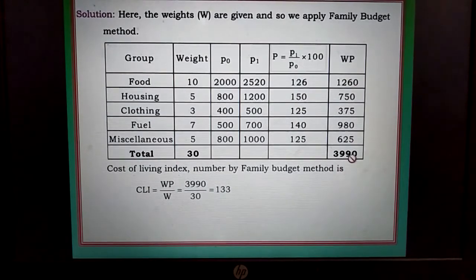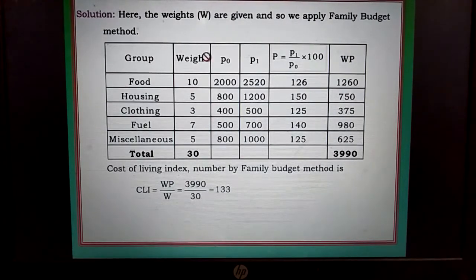This is sum over WP, 3990. That's why take in numerator. Denominator, sum of W. Here in the formula, as I have mentioned, summation and summation would have been written. Write down the summation, students, when you are noting down.